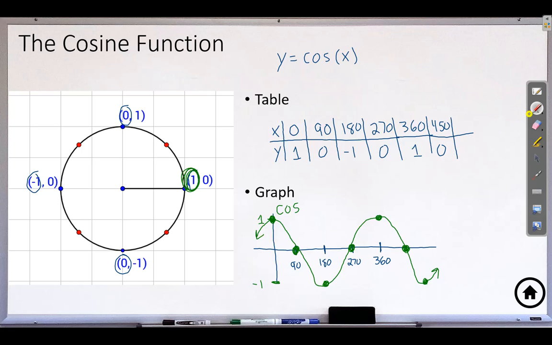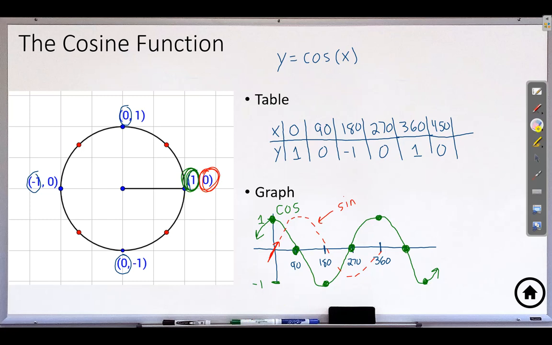That's cosine. And if you remember, the sine wave that we did before started here at 0. It looks very, very similar, but they just start in different places: cosine starts at 1 and sine starts at 0.